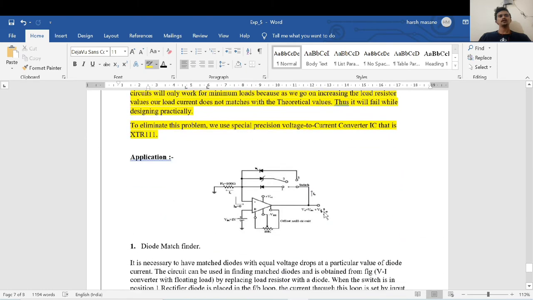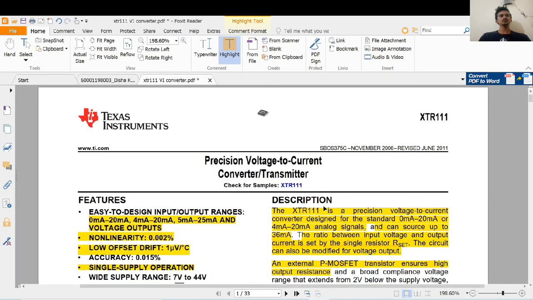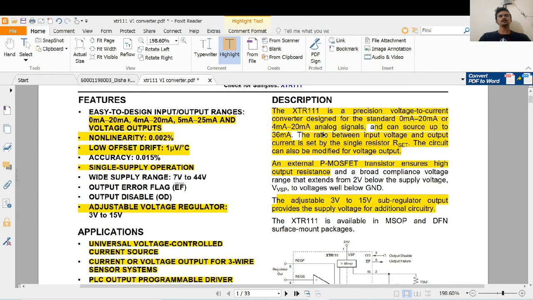To eliminate this, we use a special purpose voltage to current converter IC, that is XTR111. So let's open the datasheet to know more about it. The XTR111 is a precision voltage to current converter designed for the standard 0 to 20 milliamps or 4 to 20 milliamps analog signal and sources up to 36 milliamps.